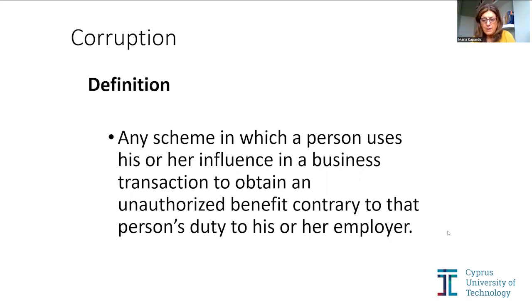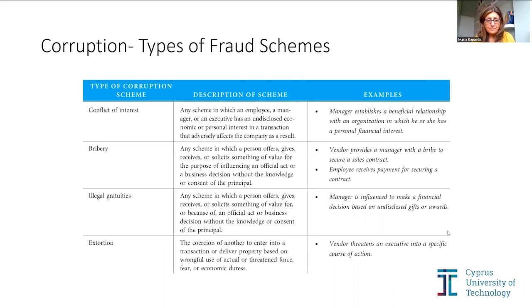We are no longer talking of giving 500 euros to a doctor to jump the queue so you can have an operation. We are talking of grand corruption. Now, grand corruption or corruption is any scheme in which a person uses his or her influence in a business transaction to obtain an unauthorized benefit contrary to that person's duty to his or her employer.